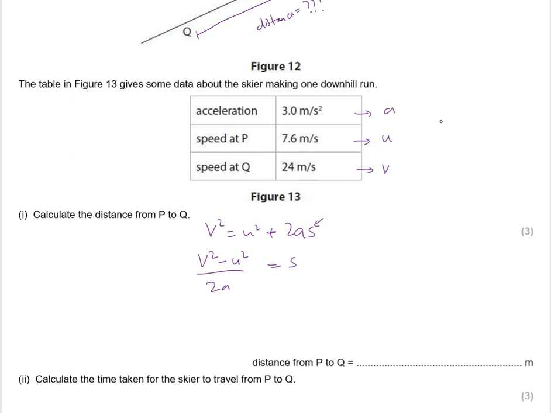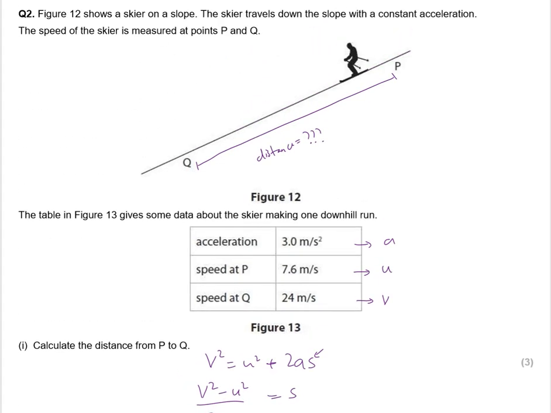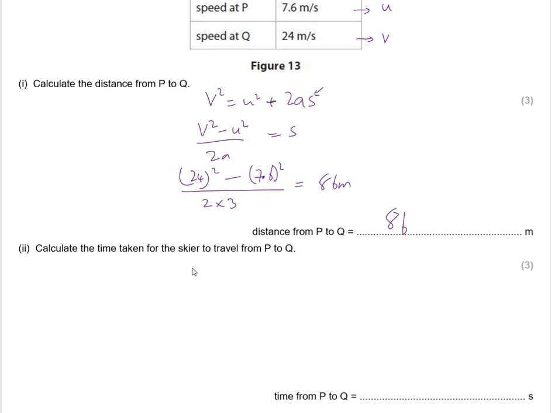Now v we know, minus u we know, divided by 2 times 3, and this will give us our answer straight away. Okay, and this is how long it is. So therefore the distance between P and Q is equal to 68 meters.